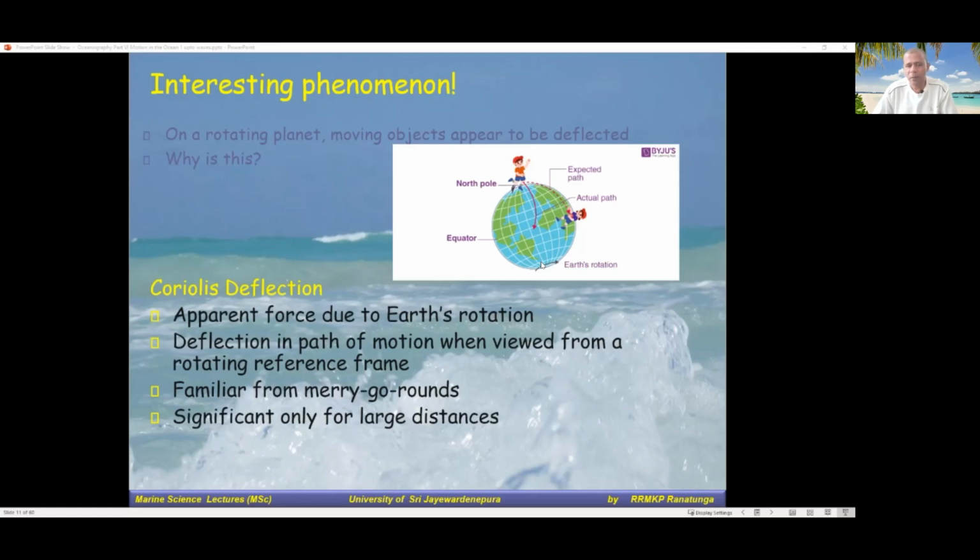So it is very important to understand the Coriolis effect. Why is it so? Because of the Earth's rotation, which has different speeds at different locations, any movement of an object will change its direction, right?